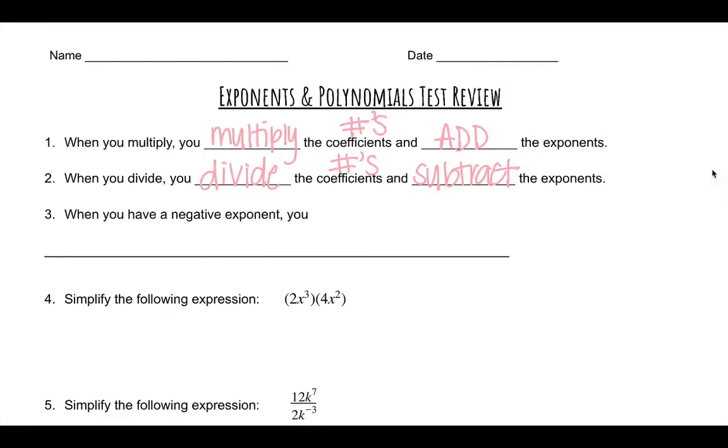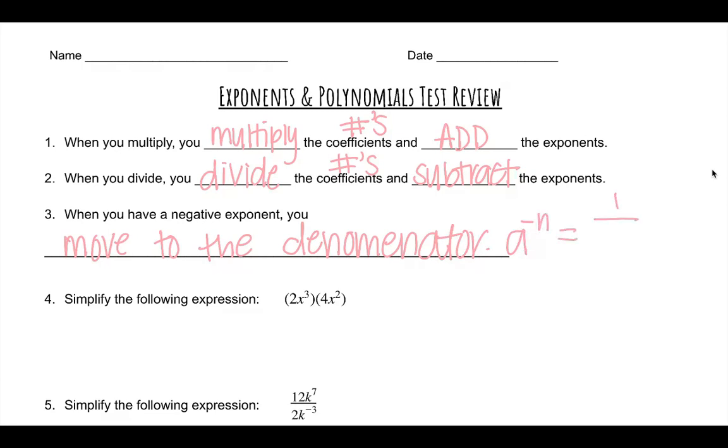And when you have a negative exponent, we cannot have that, so you have to move it to the denominator. Not sure how to spell that. So like if we have a to the negative n, you would have to make it 1 over a to the n. That's what we're talking about here.